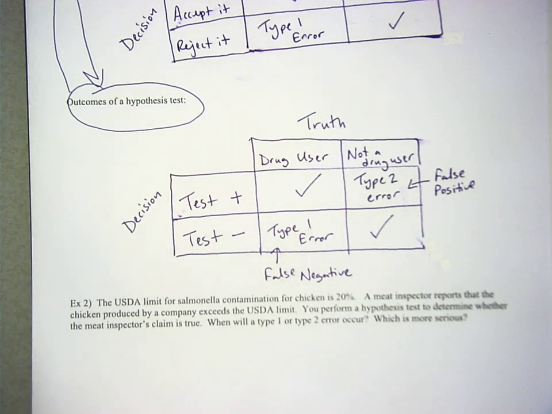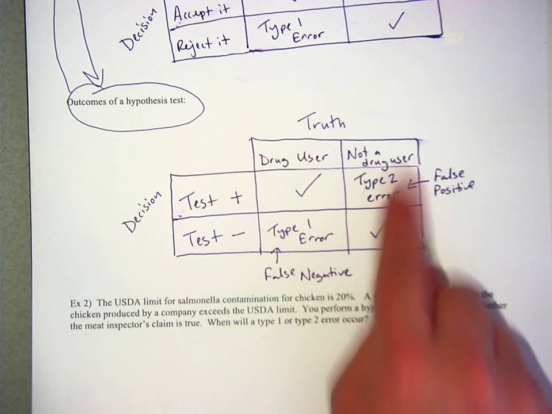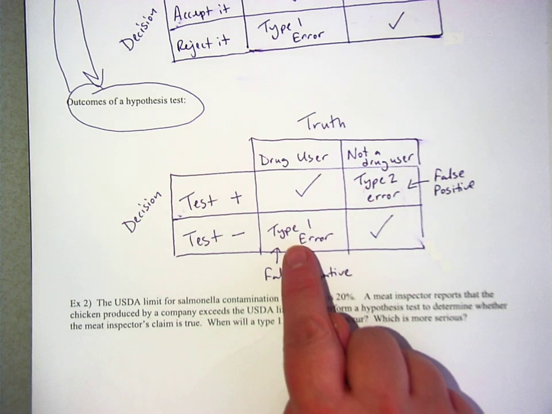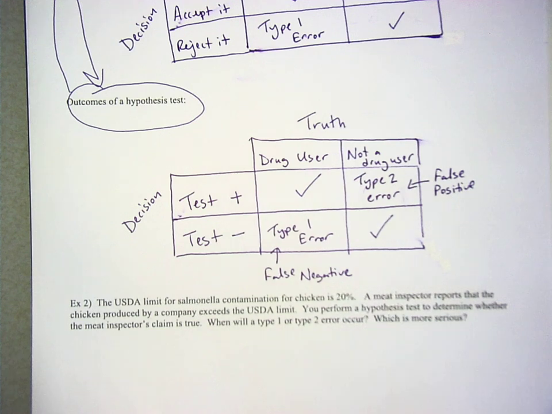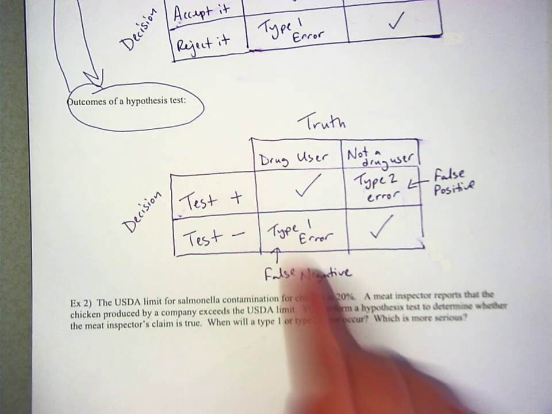They don't want somebody who uses drugs working here, which means that this is bad for the school in that case. This one's bad for me, but I'm not the client. Do you see what I mean? So most companies focus on lowering the type 1 error as far as they can, and that's not because of any kind of judgment calls about whether drugs are good or bad. It's about who's buying their product and what the person buying their product wants, which is to make sure they're not getting false positives.